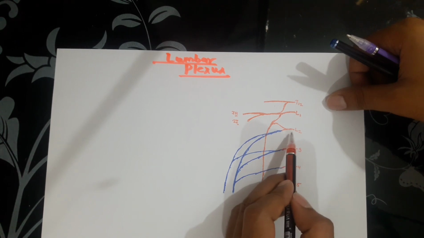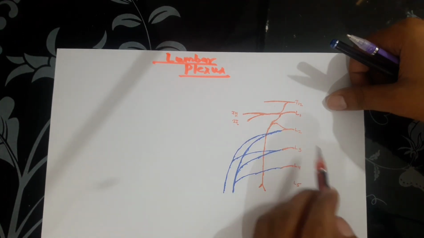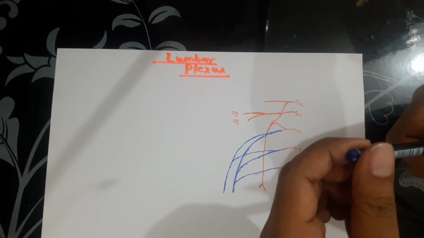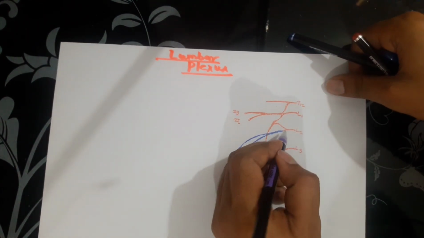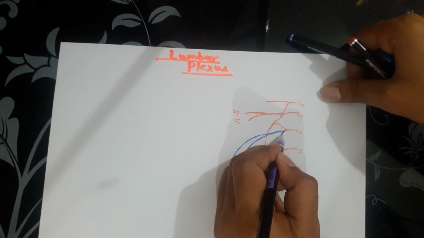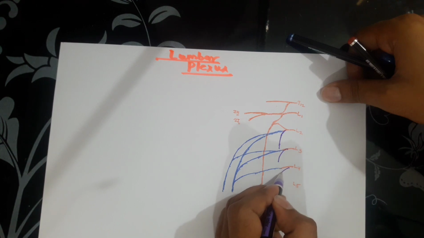Now I am going to draw the anterior division of L2, L3 and L4. So here we can see this is the anterior division from L2, L3 and L4.